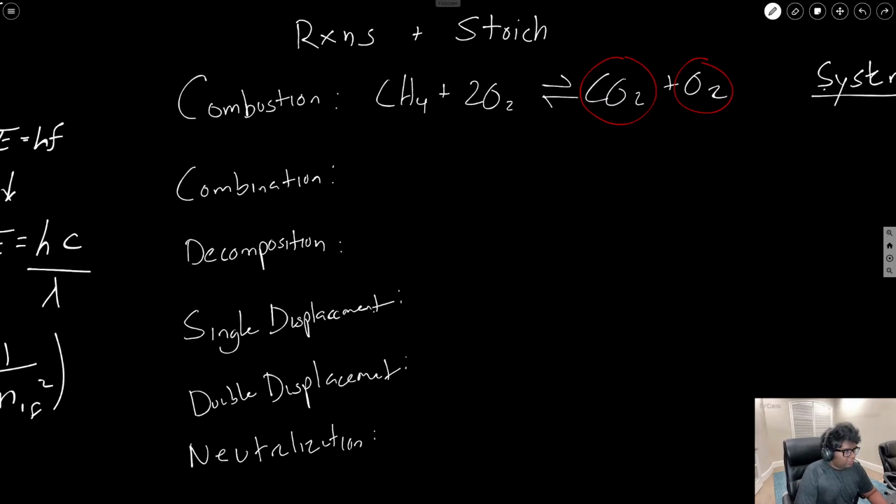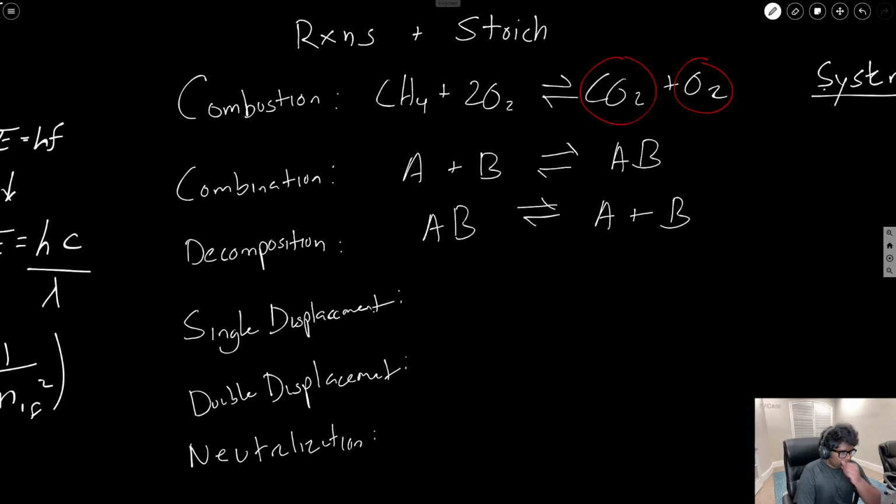So with combination, it's basically just A plus B forms AB. That's exactly what you think it is. Decomposition, yep, it's the complete opposite. Single displacement, A plus BC equals B plus AC.